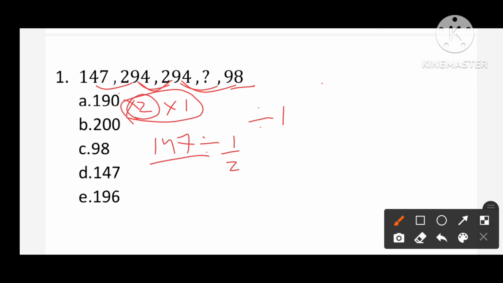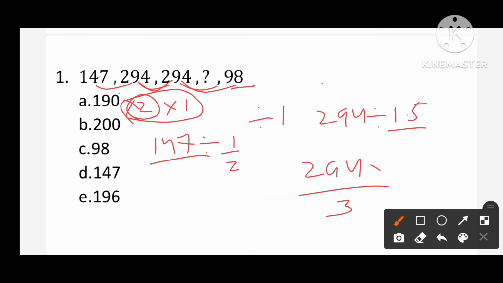Next one must be 294 divided by 1.5 times. So 294, this can be written as 3 into 2. 3 nines are 27, 8 times, so we get 196. So 196 is our answer. Option E is the answer for this one.